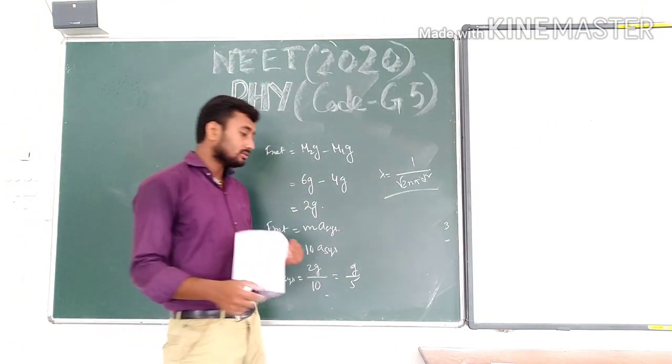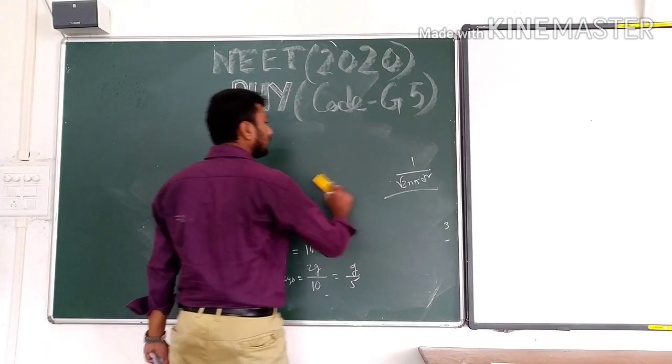So we have the potential due to a dipole. What is the expression?